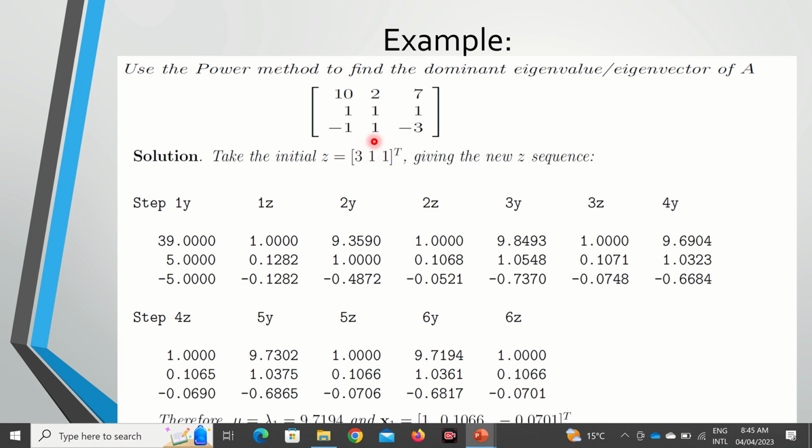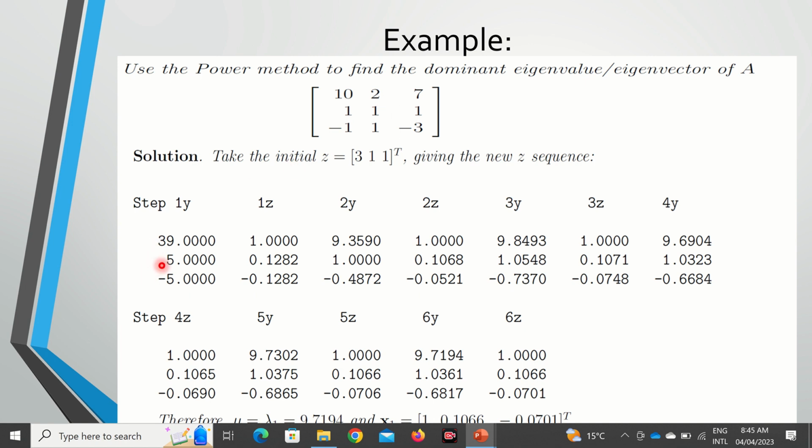Now what do we do? It's already done. So simply multiply this matrix with this vector first. You see 10 into 3 plus 2 into 1 plus 7 into 1 will give you 39. The second row with the first column would give you 3 plus 1 plus 1, that is 5.